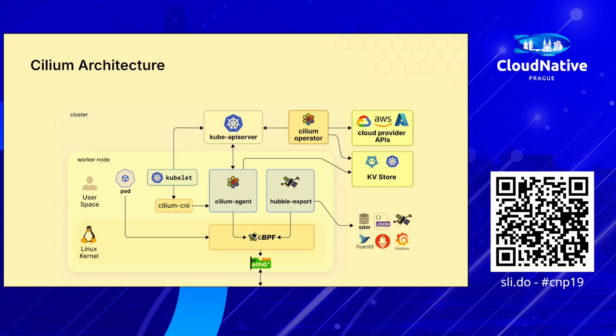I don't want to describe this in all the details because it already gets somewhat complicated, but to me the important bits here are we have within the cluster this extra component called Cilium operator, which is used to talk, for example, to your cloud providers to get all the information about the networking details and all the nodes and all the cloud objects from there.